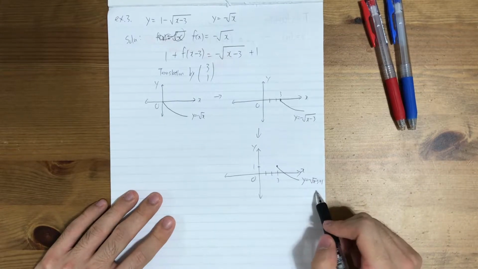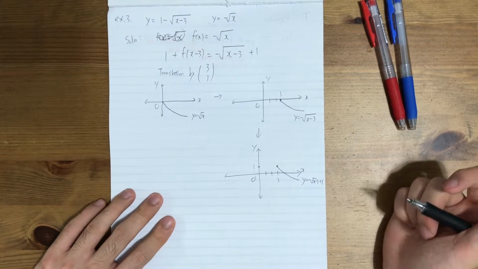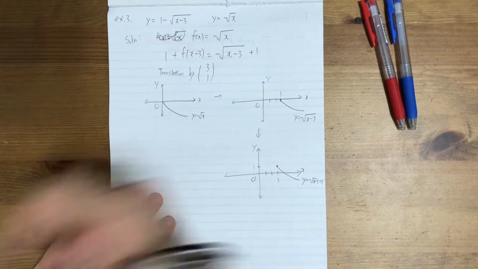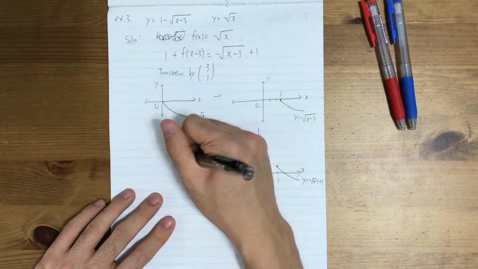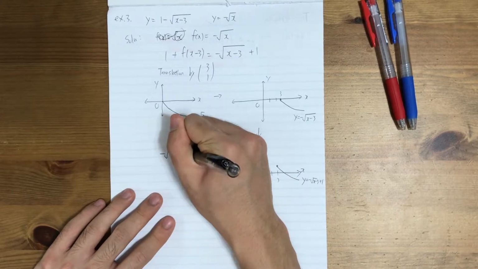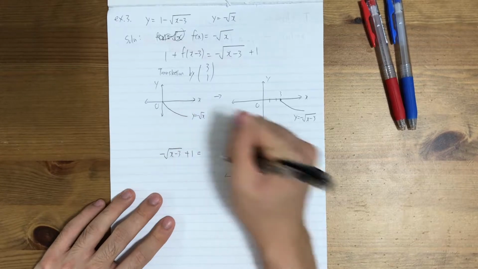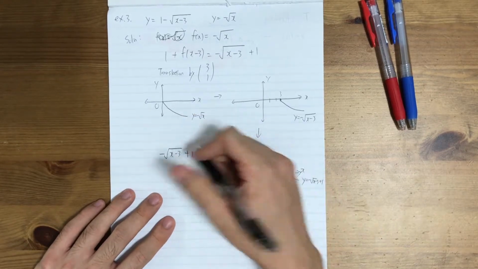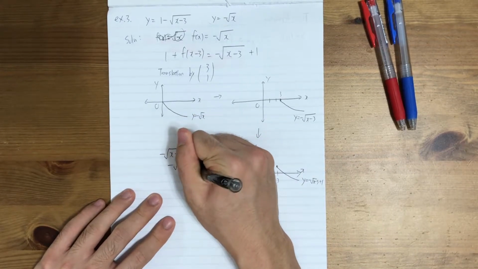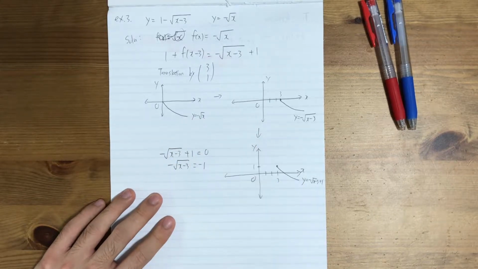So for this one, we see that we have a root, right? Then we have to find the root, the x-intercept. So how do we find the root? Well, it shouldn't be that difficult. So x-intercept means y equals 0. So negative root of x minus 3 equals negative 1.